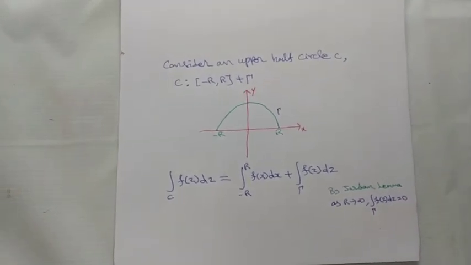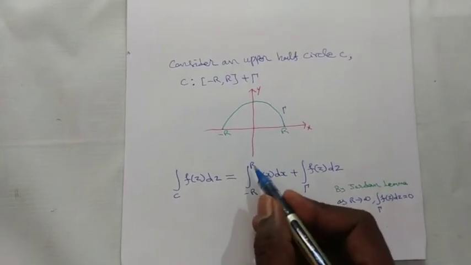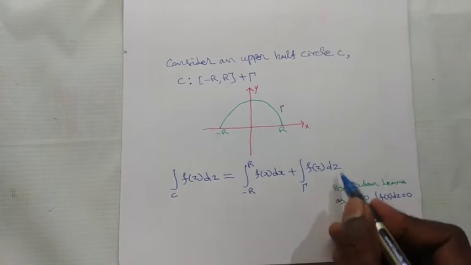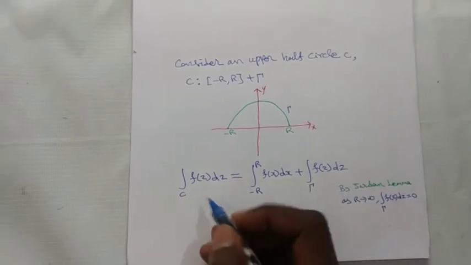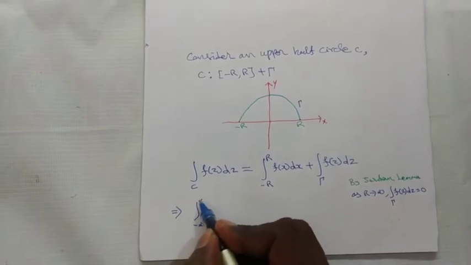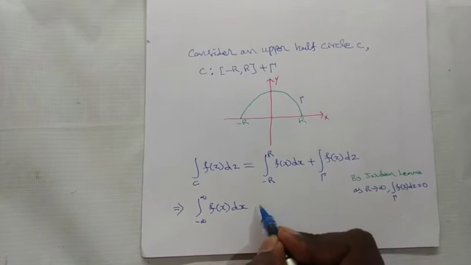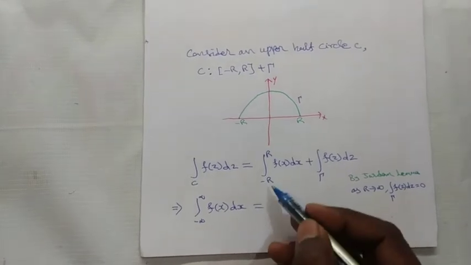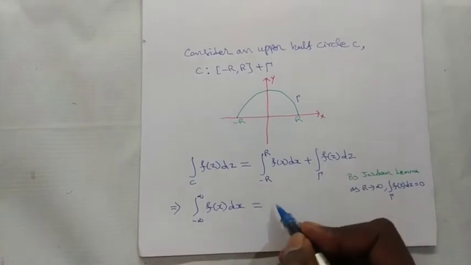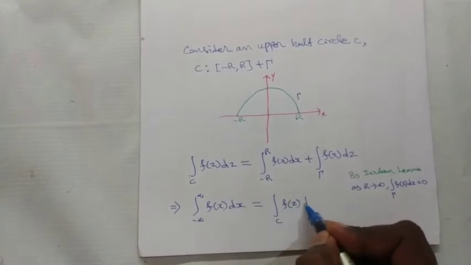So substituting here, as r tends to infinity, the integral over gamma becomes 0. Now integral from minus infinity to plus infinity of f of x dx is equal to integral over C of f of z dz.